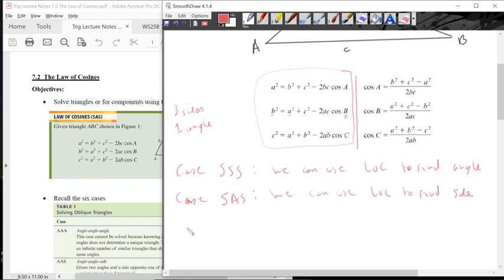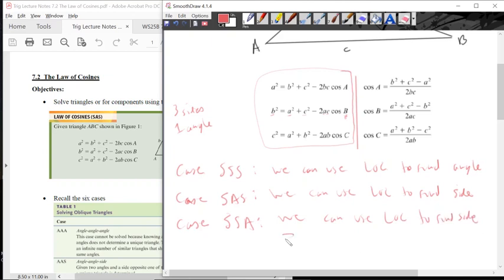What's another possibility? The other one is the ambiguous case, where we could have two sides and an angle in that order, clockwise or counterclockwise, and then we can use the law of cosines again to find the missing side.